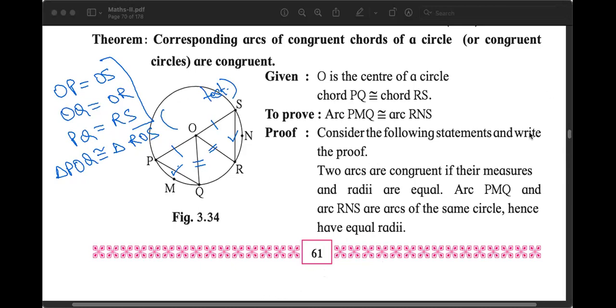What test can I use to say that these two triangles are congruent? Really, Chand, हमने यहाँ पर एक भी angle use किया है? AAS आपने कहा नहीं, तो that is not possible.